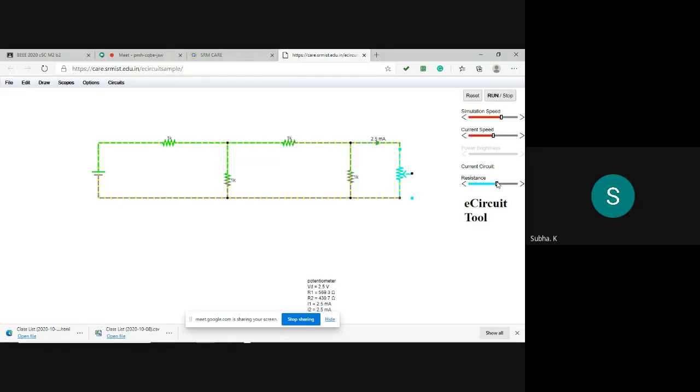Ma'am, what is the meaning of IL? We have to find IL in circuit 1. It is the load current through the load resistance. What load resistance is connected? 1 kilo ohm is connected, no?